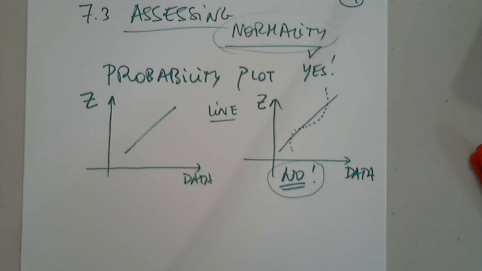So bank rates. Let's see if the bank rates are normally distributed. So let's create a normal probability plot. Let's go to graphs, and it's right here, the QQ.